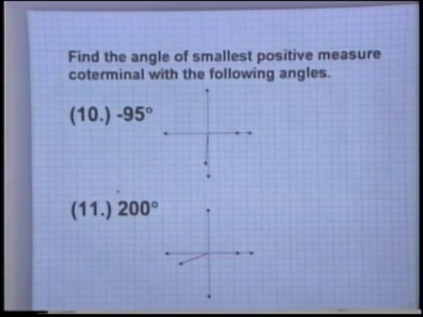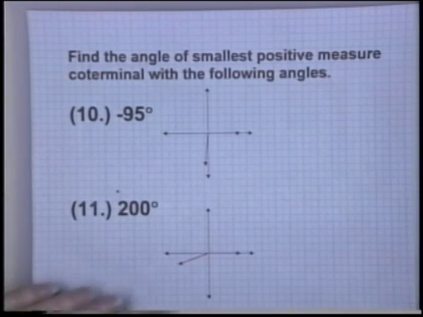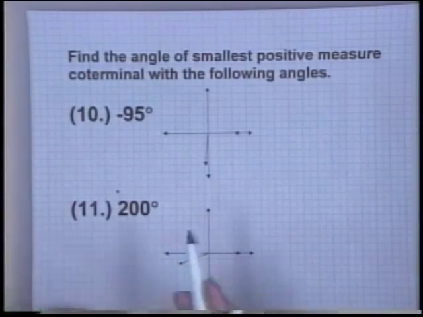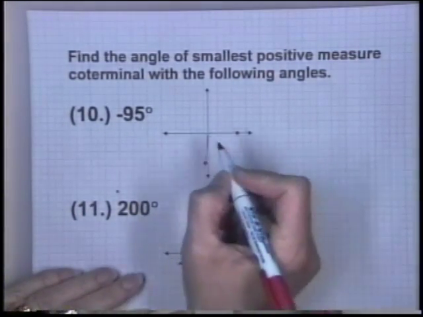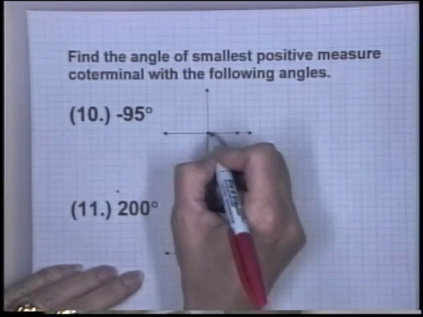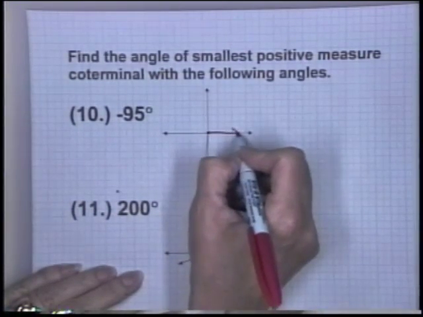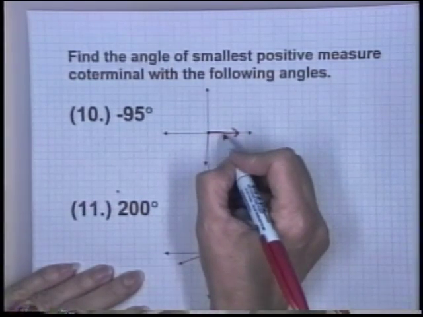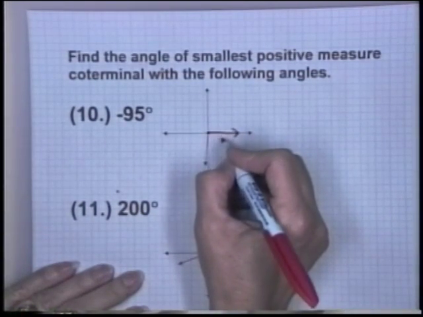Problem 10 says find the angle of smallest positive measure coterminal with the following angles. Well, first let's make sure we've got this negative 95 degree angle sketched. In standard position, initial side on the positive x-axis, negative tells us to go in a clockwise direction.